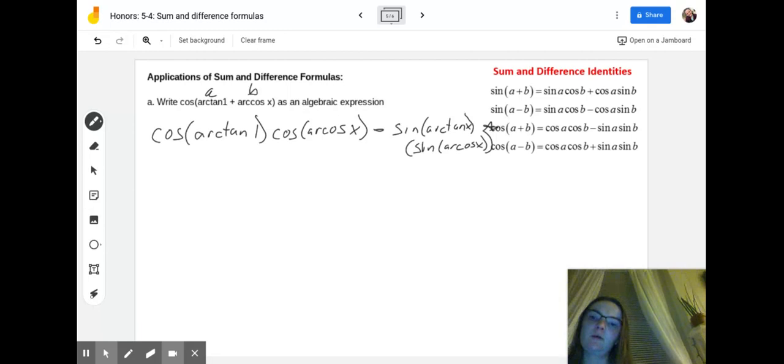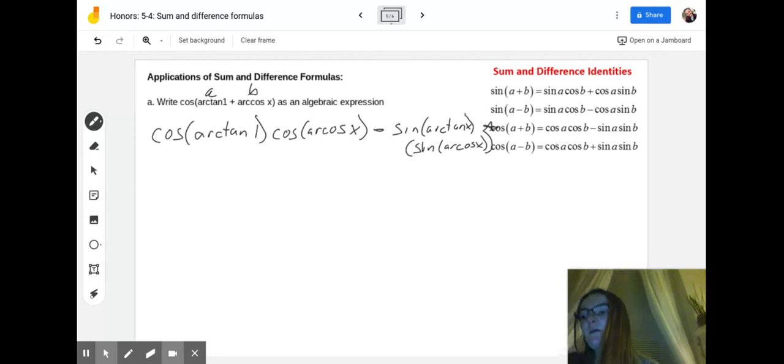What I'm seeing here is cosine of the arc cosine.